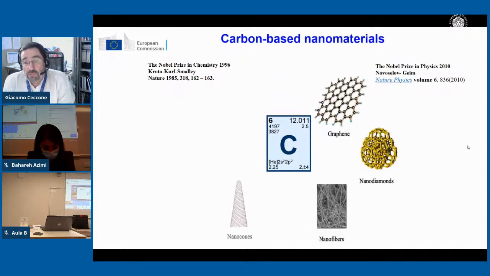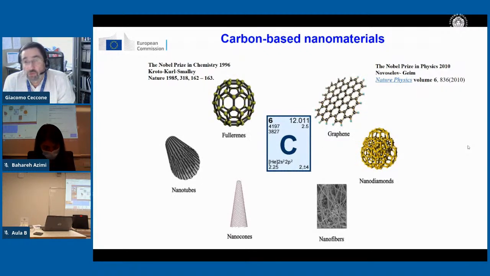So given that, I can move on to carbon-based nanomaterials. Carbon-based nanomaterials gave rise to two Nobel Prizes, one in 96 for the fullerenes, and another one in 2010 for Novoselov and Geim for graphene. And there are a lot of other types, such as nanodiamonds, nanofibers, nanocones, nanotubes.